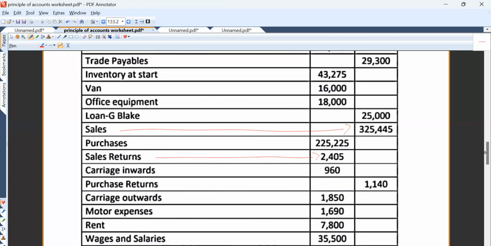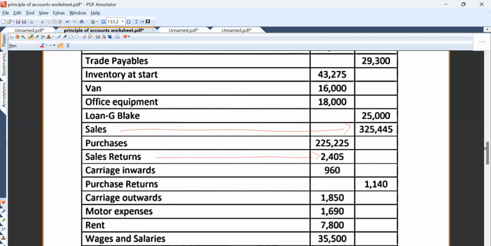There is subtraction to get net sales. We will subtract in order to get the net sales. Then we have cost of goods sold.